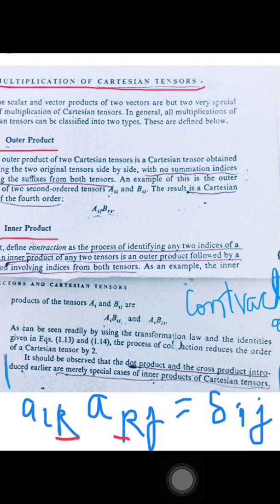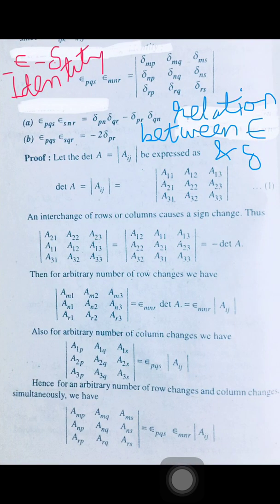Okay. Next, in the next slide, we are taking a very important identity that is called the Epsilon-Delta identity. What is the meaning of the Epsilon-Delta identity? It is a relation between epsilon, the permutation Cartesian tensor, and delta, the Kronecker Cartesian tensor.